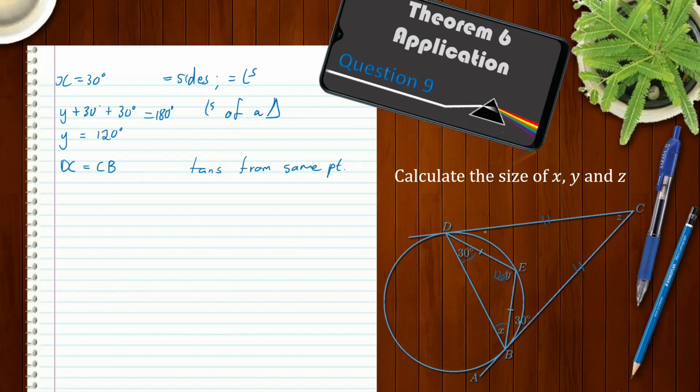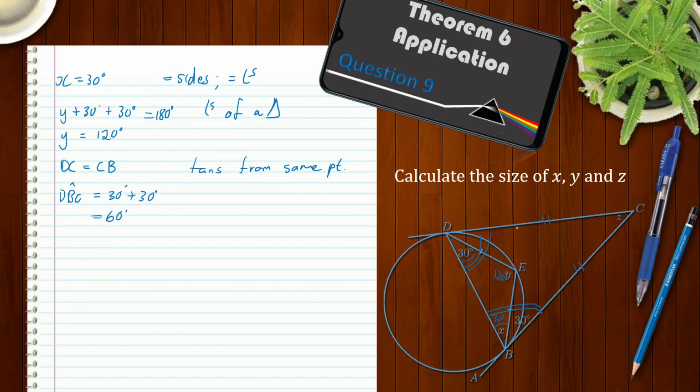And what can happen now is we've got these 2 angles which are equal. So if we can find basically one of them, which we already have, we know that DBC should be 30 plus 30, which is equal to 60.